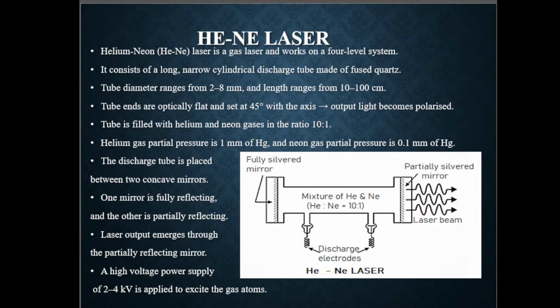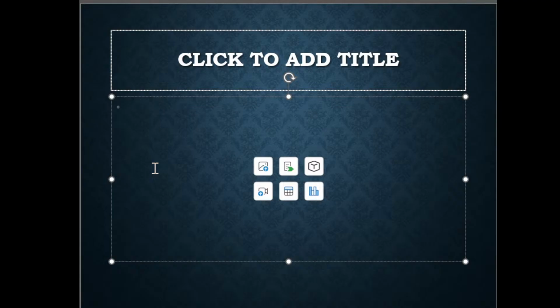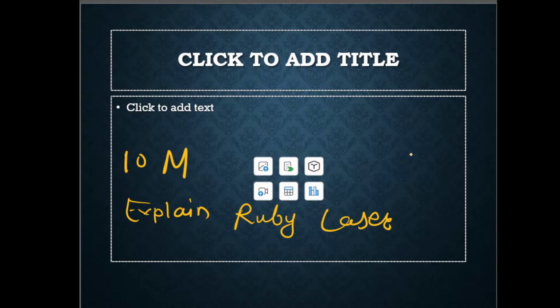Rupesh, the important point in this topic is that the whole topic is important because a direct question will be asked on it for 10 marks: Explain ruby laser with figure or diagram.